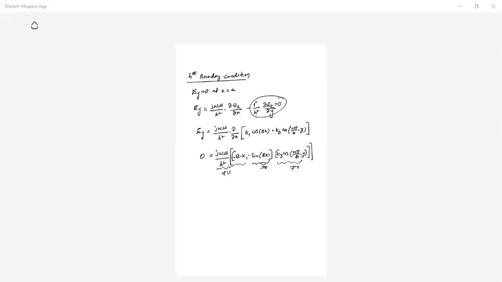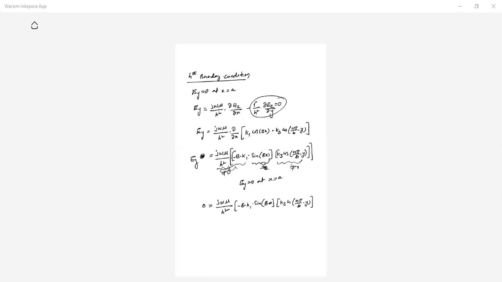First substitute here, later we write. So this is the Ey. Then substitute: Ey is equal to 0 at x is equal to a. Then 0 is equal to j omega mu by h square into minus b into k1 sin of b into a, then k3 cos n pi by b into y.